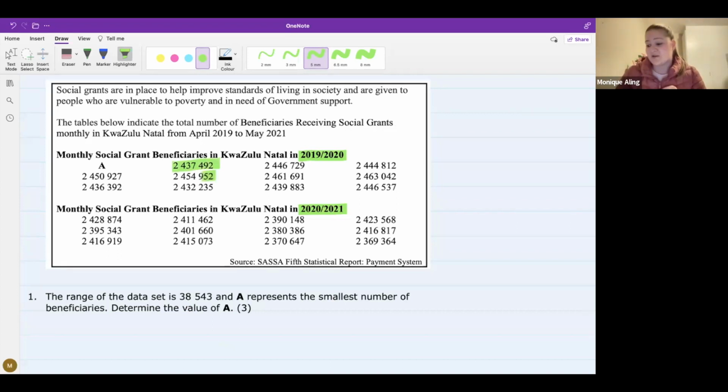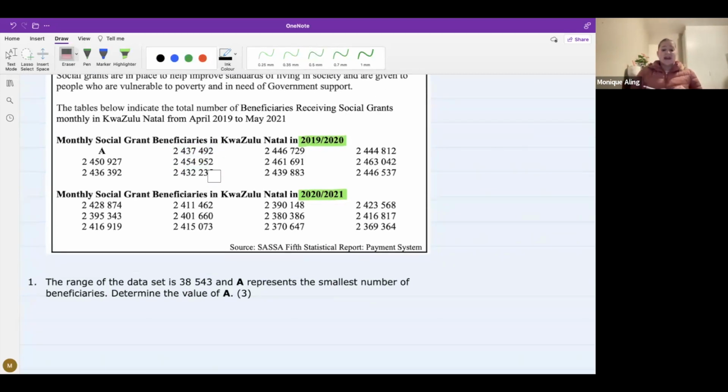Then the next month, it was 2,454,000. Okay. So the first question says, the range of the data set is 38,543. And A represents the smallest number of beneficiaries. Determine the value of A.